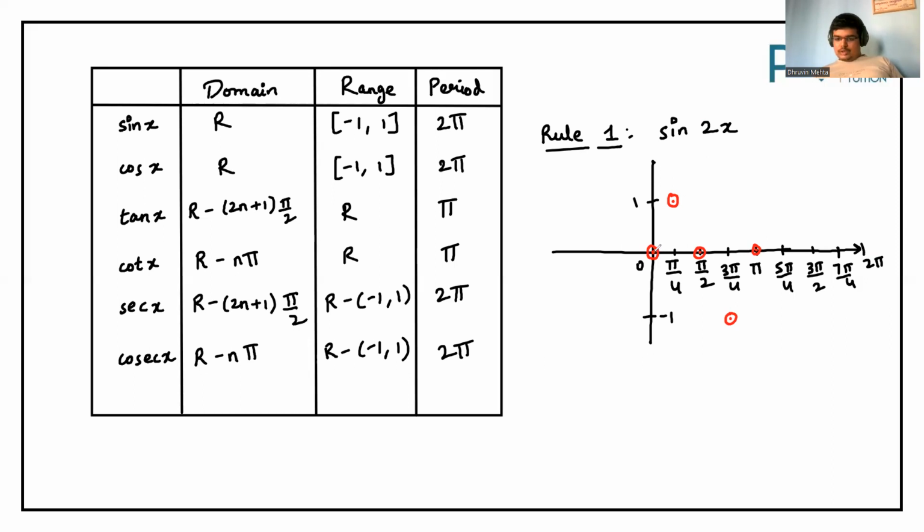So do you realize, ये जो ग्राफ है, the graph has shrunk? पहले जो 0 to 2 पाई में हो रहा था, अब वो 0 to पाई में हो रहा है. If you look at it, this is the first cycle till pi. This is the cycle. So what is the period in this case? It's pi.